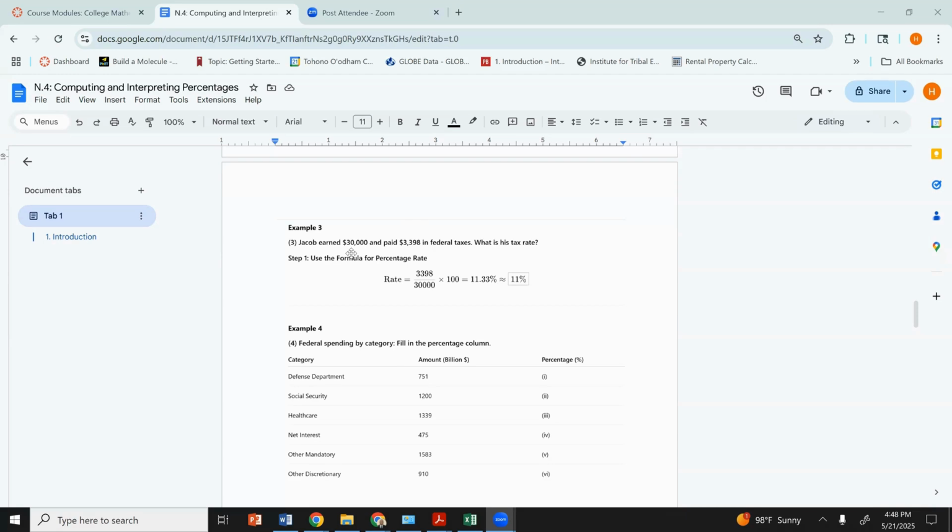Okay, so to figure out the tax rate or the percentage rate, we will say the rate is equal to the amount paid in taxes divided by the whole, times 100.